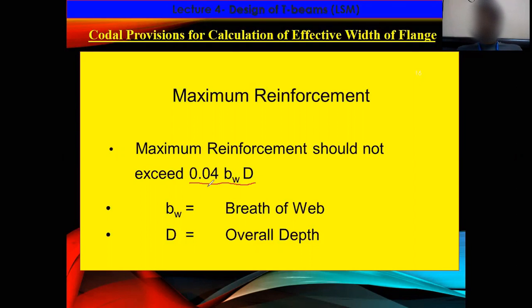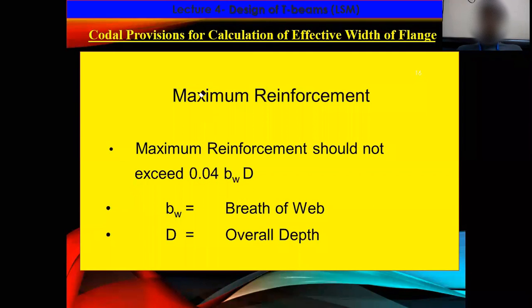If it is less than the maximum reinforcement, then you can provide whatever reinforcement came out for resisting the bending. So you need to remember these two things while designing the tension reinforcement in T beams as well as in L beams.